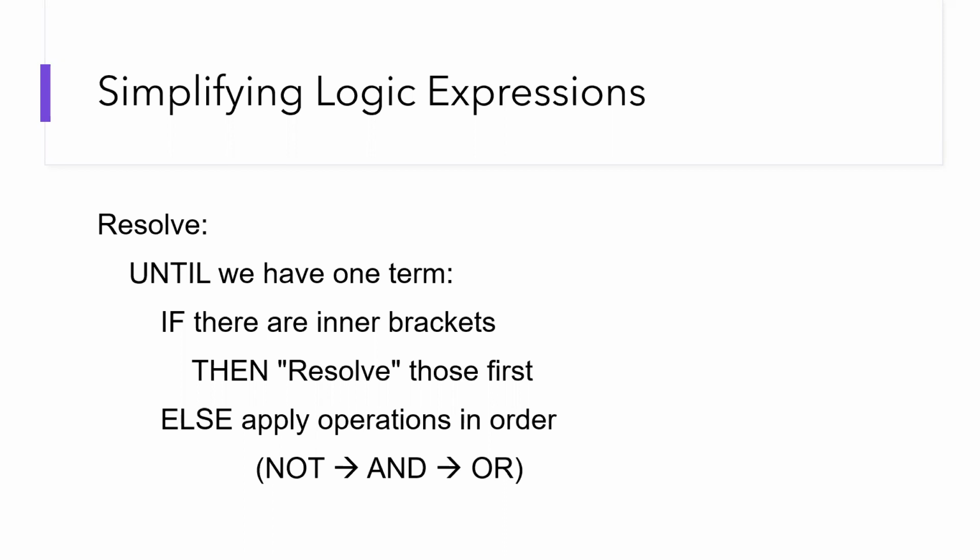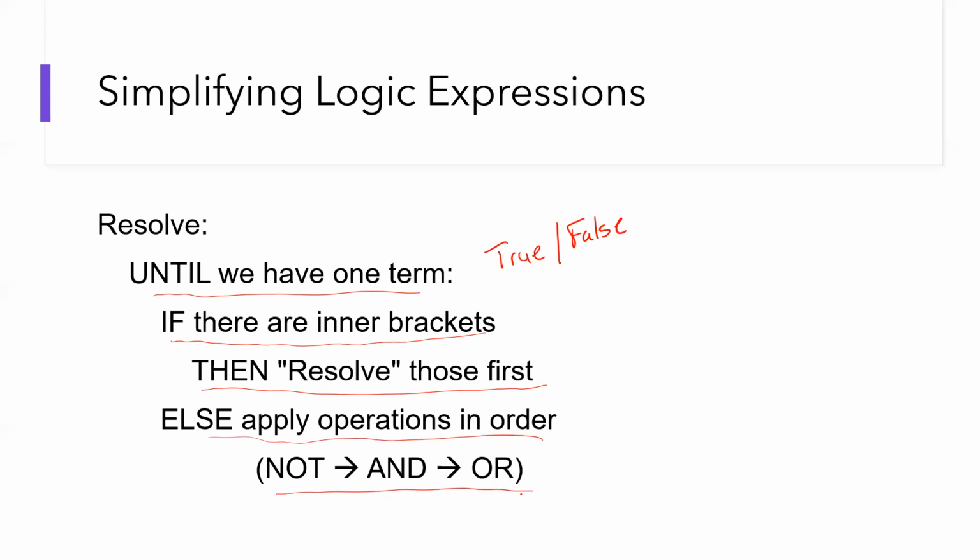And so here we have an algorithm for simplifying logic expressions. So until we have one term, so this one term we mean true or false, then we say, well, if there are inner brackets, we resolve these first. Otherwise, we apply the operations in order. And yeah, so this is pseudocode.